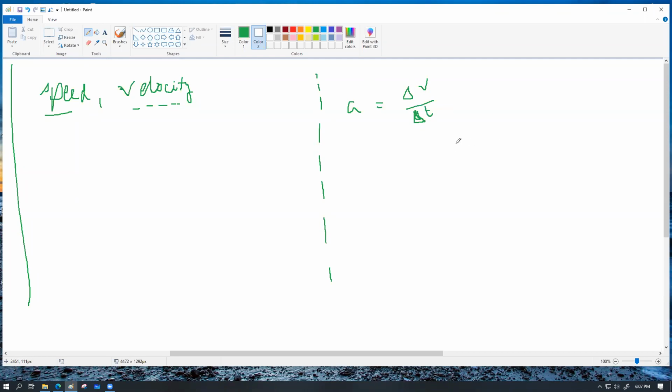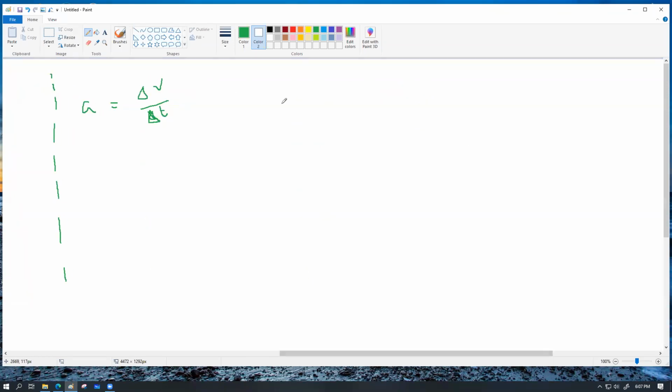Now you should remember these couple of words. In physics, I know for physics, I'm not sure about other subjects, the word rate always means something divided by the relevant amount of time. So rate means the change of something with respect to time.